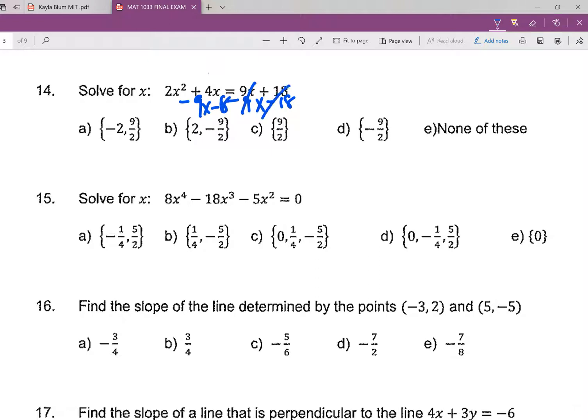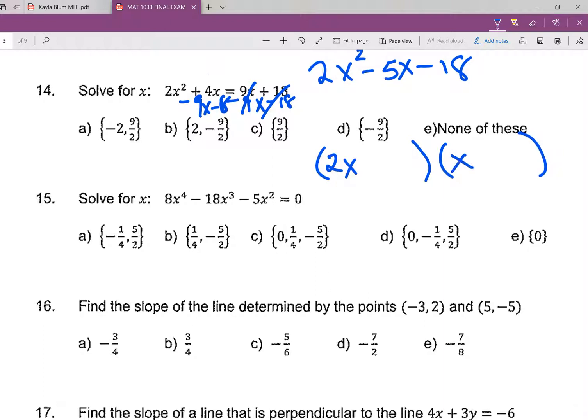So this side cancels, and now you have 2x squared minus 5x minus 18. You begin by factoring what two values would give me, in this case, a 2x squared, so obviously a 2x and an x. And then lastly, what would give me a negative 18 but a positive 5?